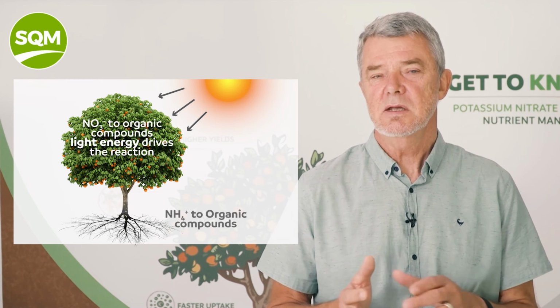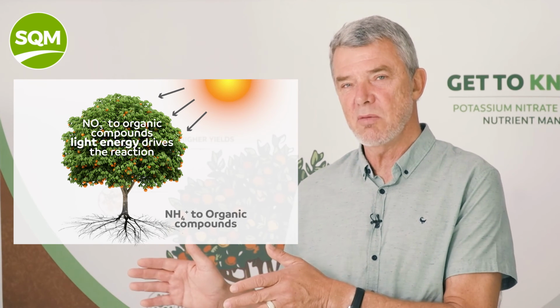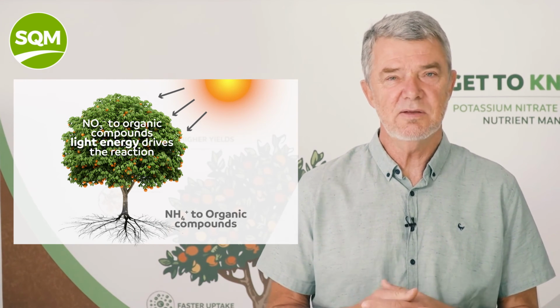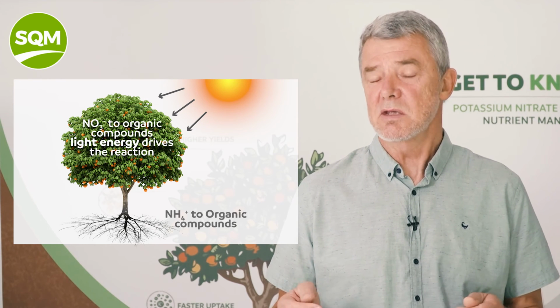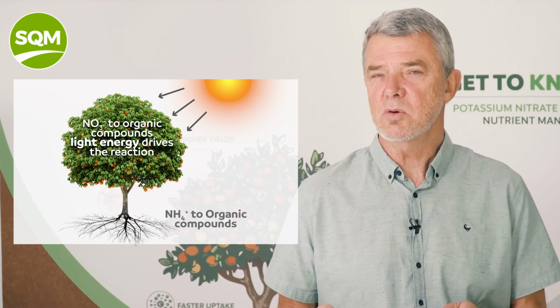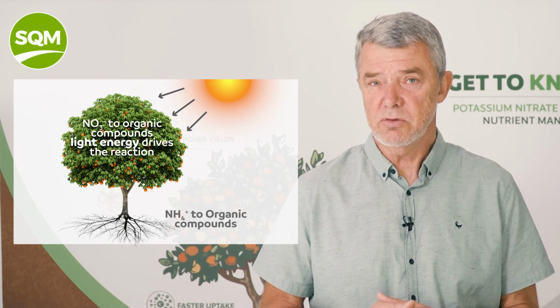And that conversion, even though it goes via ammonium to organic compounds, is driven by light energy, and it is very efficient. Whereas ammonium, as I said previously, is converted to organic compounds only and exclusively in the roots.